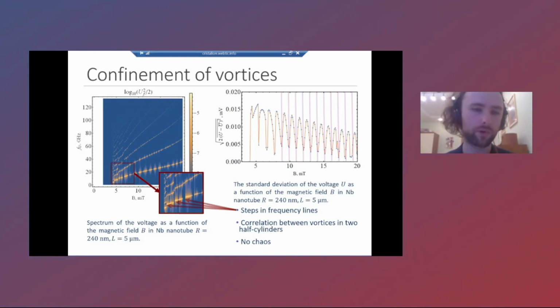It means that at some value of the magnetic field, the frequency changes with a step. We studied why this happens, and it appears due to a stronger interaction between vortices from one half-cylinder with vortices from the other half-cylinder. So it creates a stronger correlation between vortex motion.